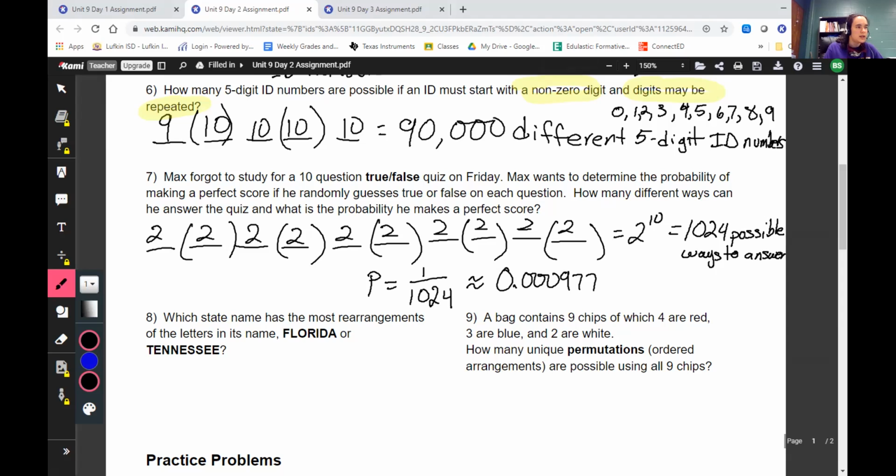Number 8, which state name has the most rearrangements of a letter in its name, Florida or Tennessee? So we need to look and see how many different ways we can rearrange these letters. So we've got Florida first.